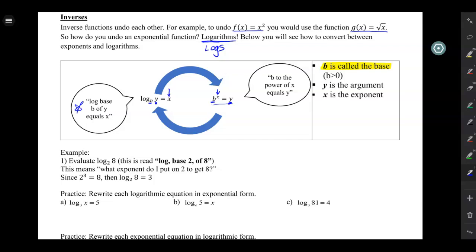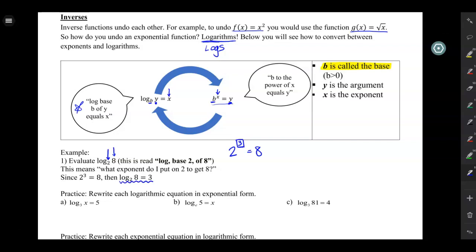And the reason I'm asking that is because I know that this 2 in the logarithm is the base of my exponential, and this 8 was what my exponential equation was equal to. So it's kind of like 2 to something is equal to 8. And I want to figure out what is that something, the exponent that I put on 2 to get 8. Well, since 2 to the third power is equal to 8, it means that log base 2 of 8 is equal to 3.